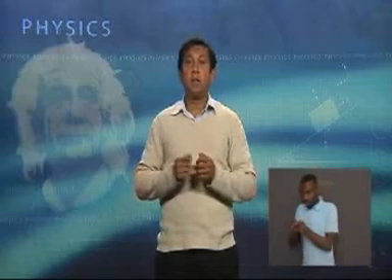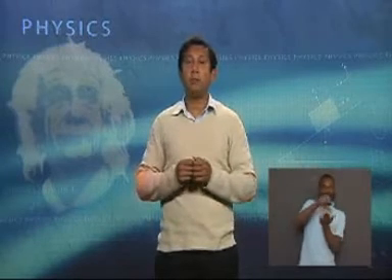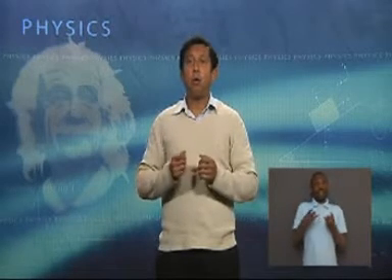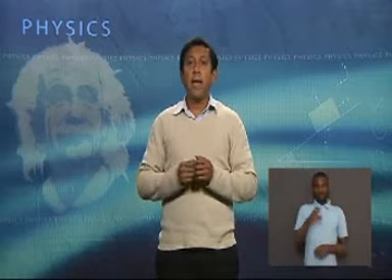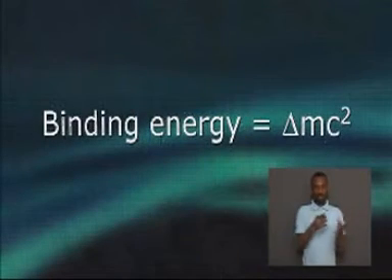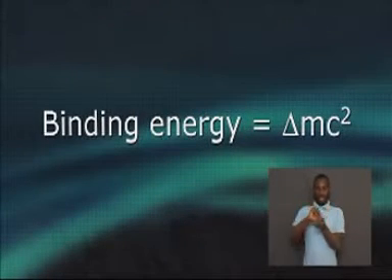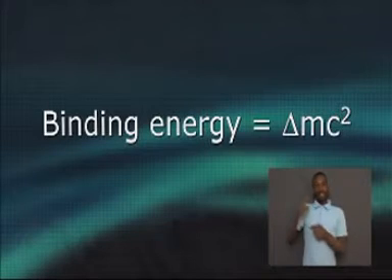When the nucleons are grouped together to form a nucleus, they lose a small amount of mass. This mass deficit is released according to the equation E equals mc squared, which gives us the equation binding energy equals the mass deficit times c squared.